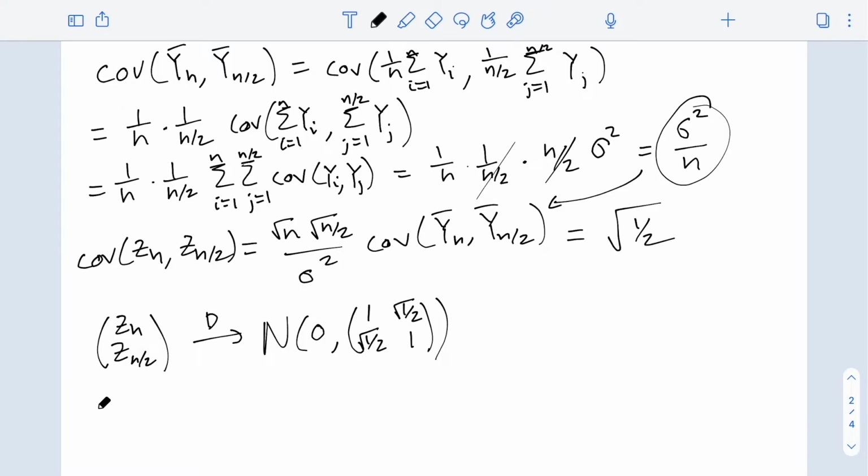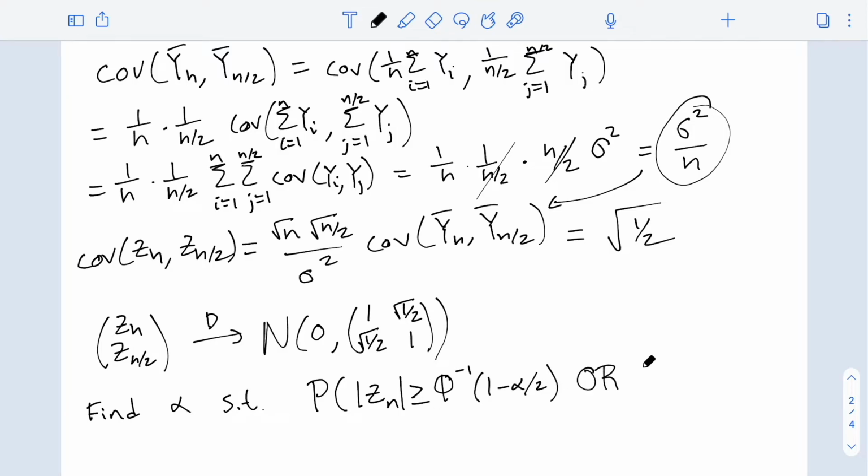So find alpha such that the probability that Zn is greater than or equal to Phi inverse of 1 minus alpha over 2, or Zn over 2 is greater than or equal to Phi inverse of 1 minus alpha over 2, is equal to 0.05.